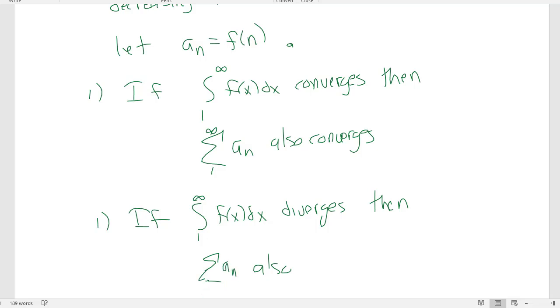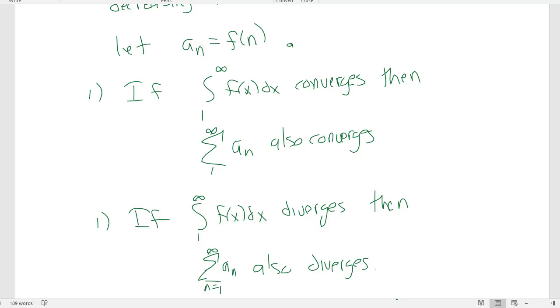Oops, I'm getting a little fast here. Then the series also diverges. All right, so that's a nice clean result. Now, a couple notes I want to make here. First of all, we are doing an integral, and sometimes integration can be a pain or rather challenging.